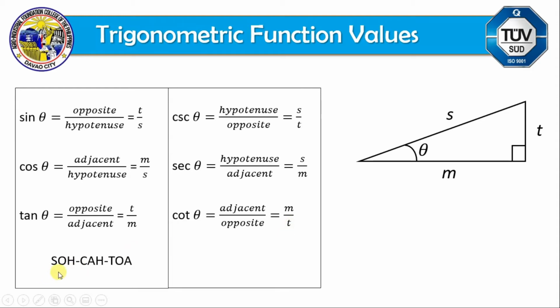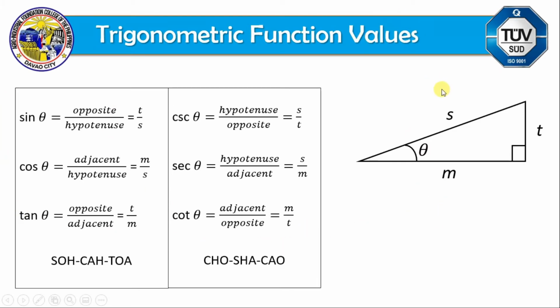At kung dito, it's so, ka, towa, ito naman, cho, sha, kaw. Okay? Cosecant is hypotenuse over opposite. Secant is hypotenuse over adjacent. And cotangent is adjacent over opposite. Okay? So, yan. So, that's how we get the trigonometric function values.